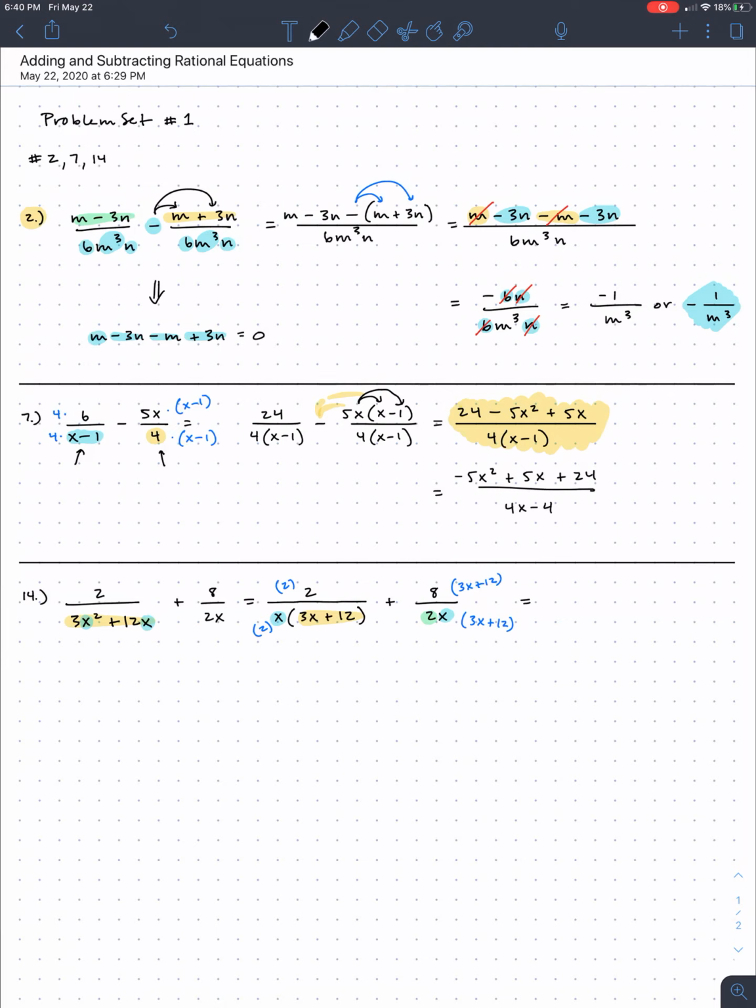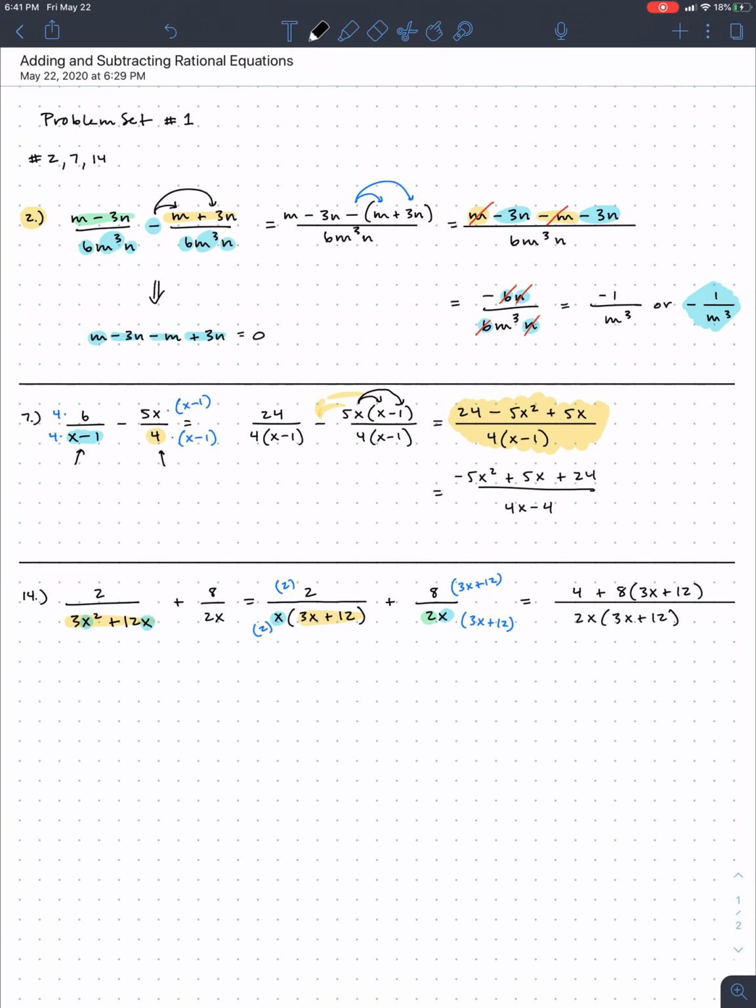We have 4 plus 8 times 3x plus 12, and that is all over 2x times 3x plus 12. Okay, and I'm writing it like that. I'm not going to distribute everything into it yet.